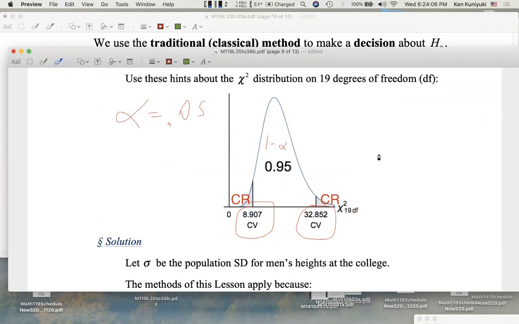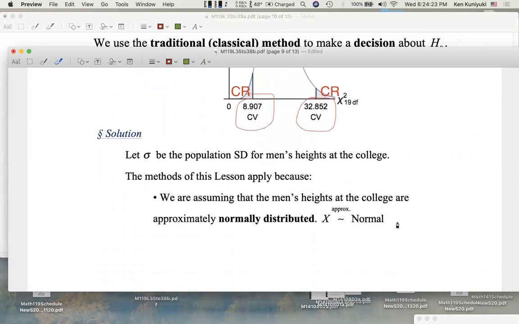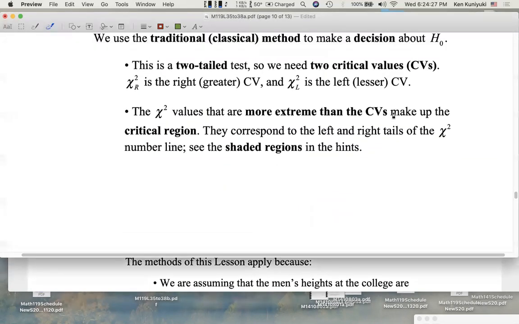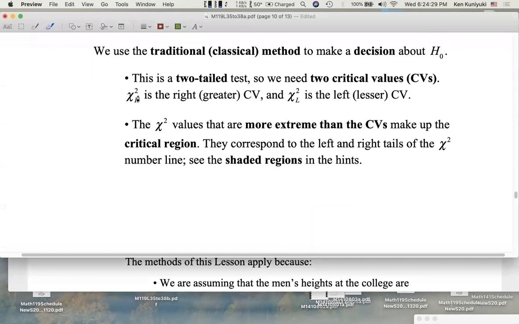So how do we make our decision? Well, here's the critical region. Is the test chi-square value in the critical region or not? And remember the deal. As a reminder, as a two-tailed test, we need 2 critical values.